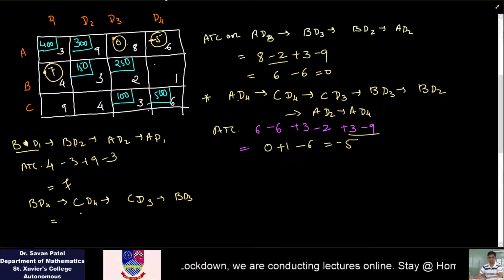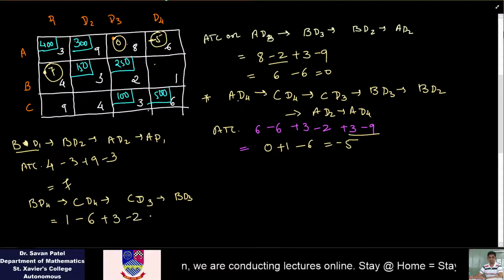In that case, your additional transportation cost here will be plus, then the next is minus, so 1 minus 6 plus 3 minus 2. So here you have 3 plus 1, that is 4, minus 6, it is minus 2, minus minus 2, so it is minus 4. So here the additional transportation cost is minus 4.